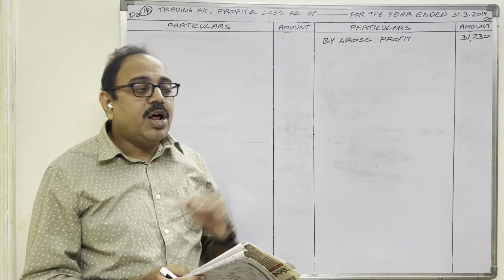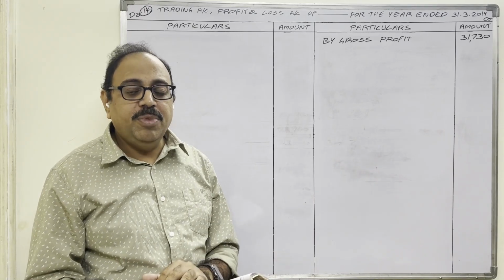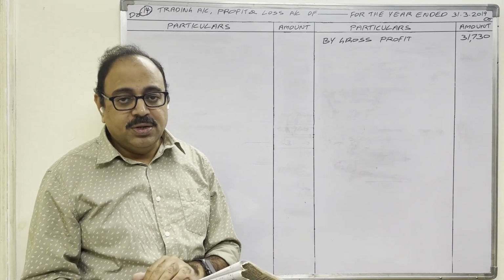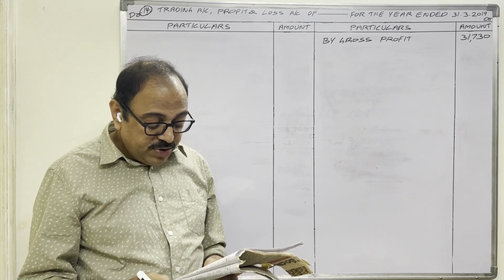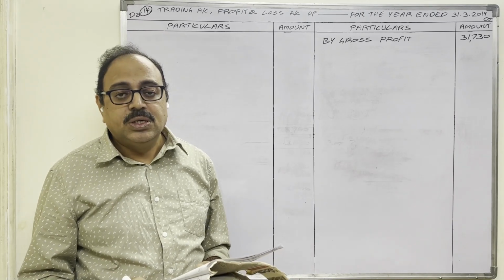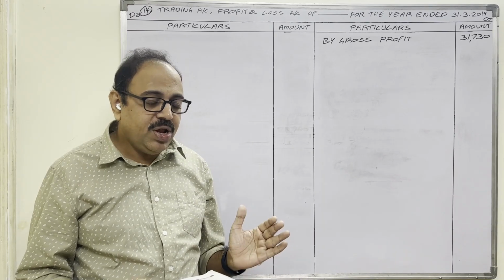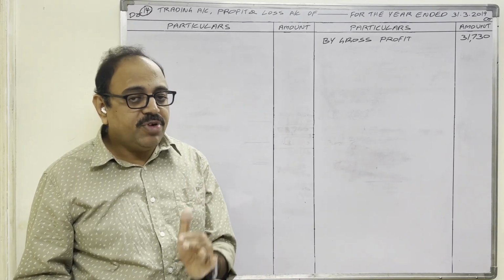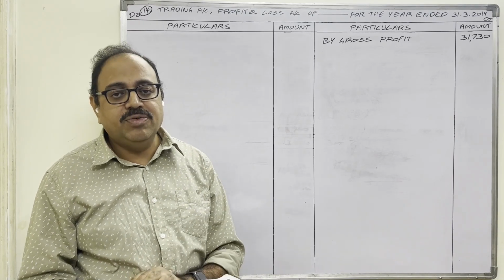It means, from debtors money may come, may not come, so it is an expected loss. In the adjustments, the fourth point: provide reserve for bad and doubtful debts on sundry debtors 5%. So, in the trial balance, bad debts are given on the debit side, provision for bad debt is given on the credit side, and in the adjustments again provision for bad debt is given.